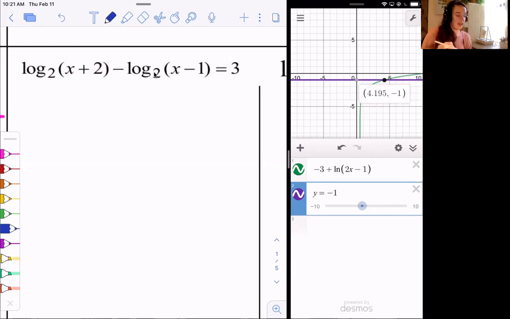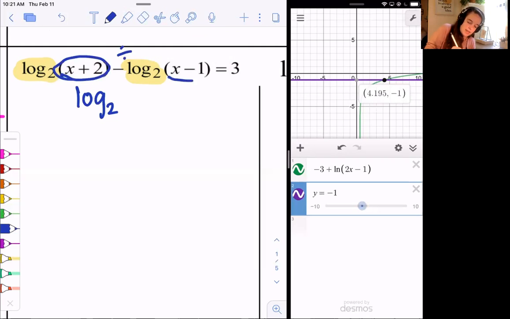If this is log base 2 and log base 2, I know I'm going to have log base 2 here. What does the minus mean? Jimmy, what does the minus mean? Ah, Jimmy, you already typed it. Division, yes, division. So I'm going to divide this divided by this.